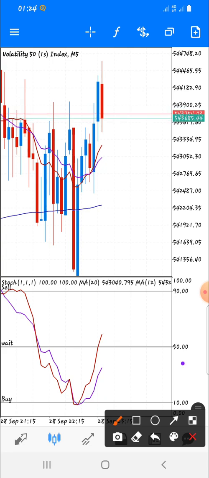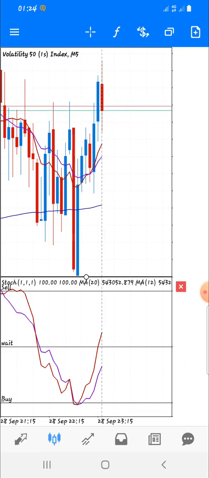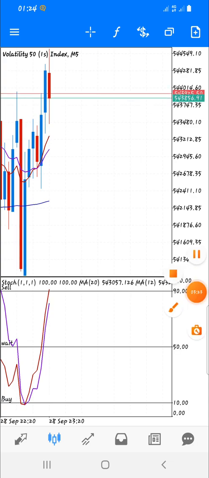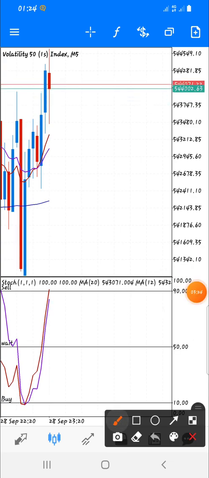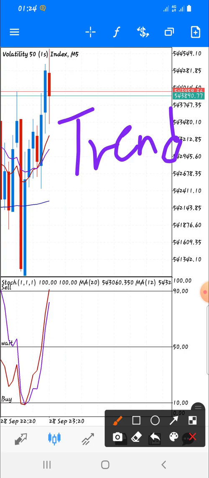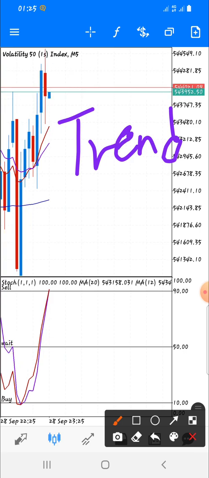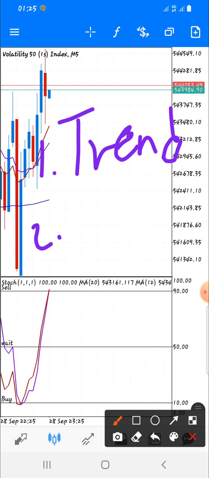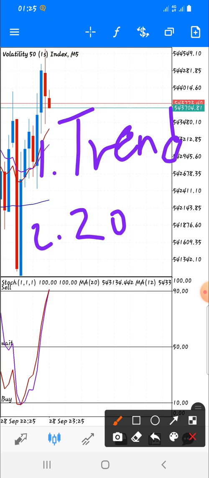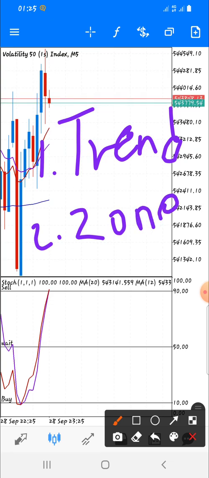In the market, there are a few things you need to identify. First of all, you need to identify the trend. Secondly, you need to identify the zones, to know which zone the market is resting on.